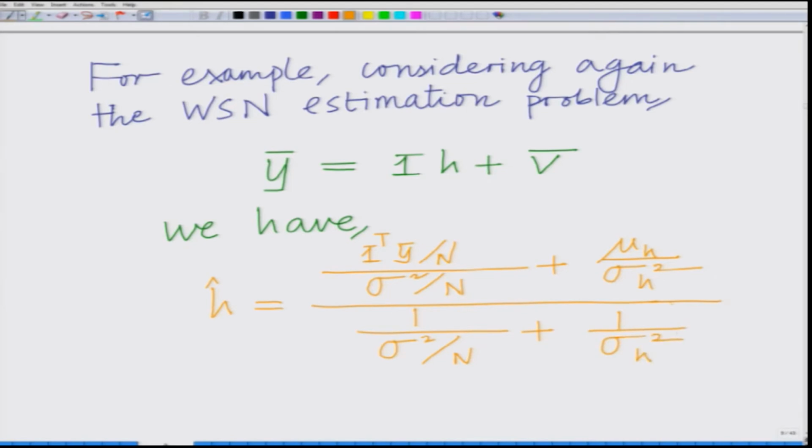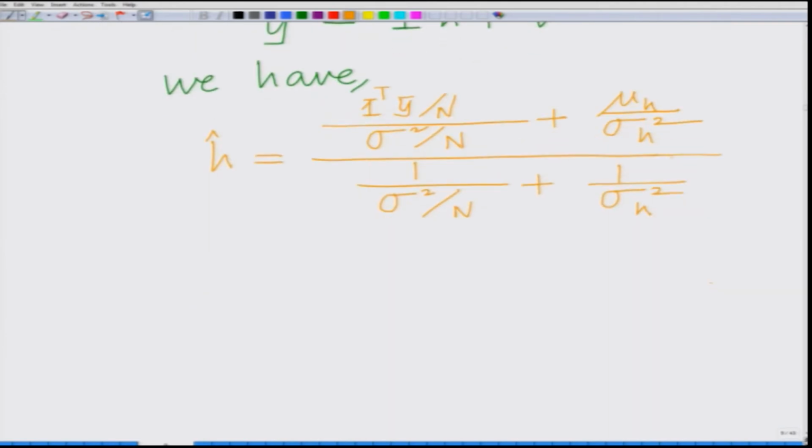This is the MMSE estimate, and it is also the posterior mean, that is the expected value of h given y bar.